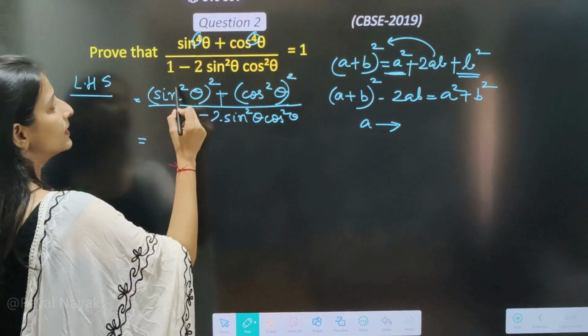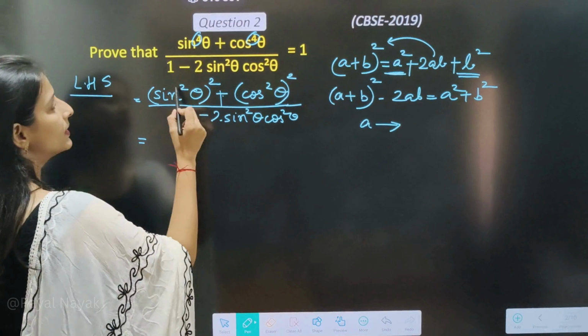So I will be using this particular identity in my question. So what I'm going to do, a plus b the whole square. So what is my a? It is sine square theta plus cos square theta. Okay, the whole square.